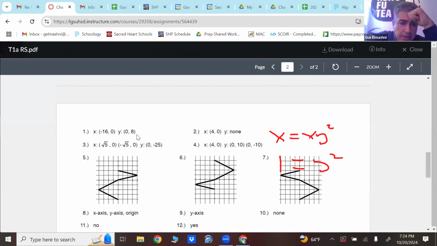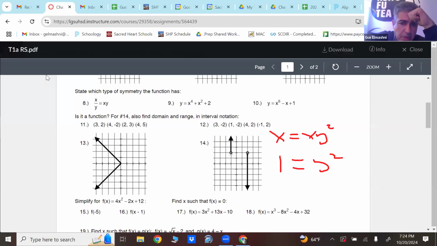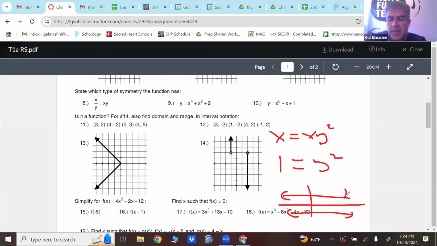Okay, so number 9 was y-axis. Yeah, I can see how it's probably all of them if you graph it. Because you can rotate 180, get to the same place, and symmetric about both the x and y axis.